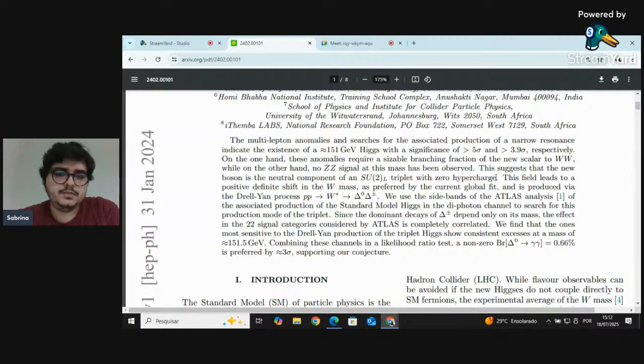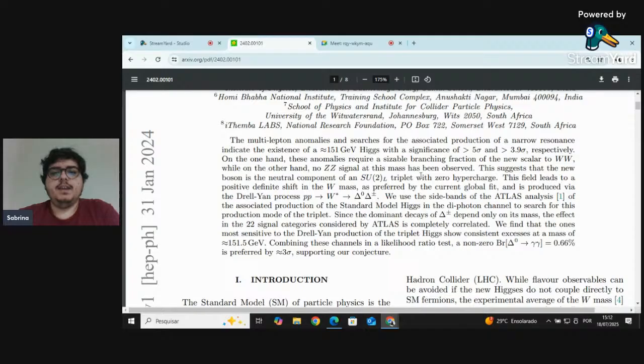And this neutral component would be this new particle that interacts with the W and not the Z, and could explain this anomaly. Okay, so to produce this boson, they use the Drell-Yan process, pp going to W and generating this delta zero and delta plus or minus.